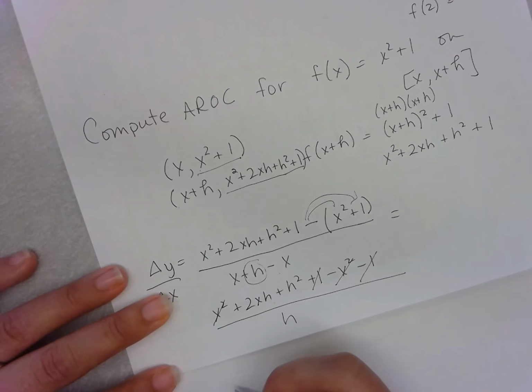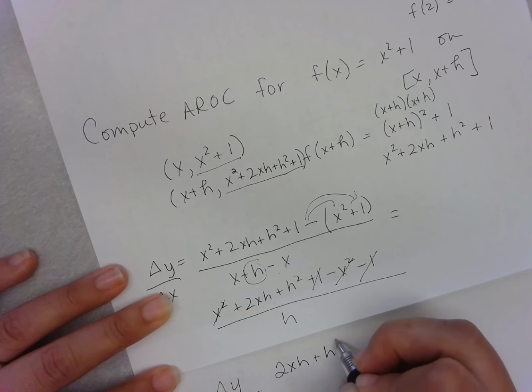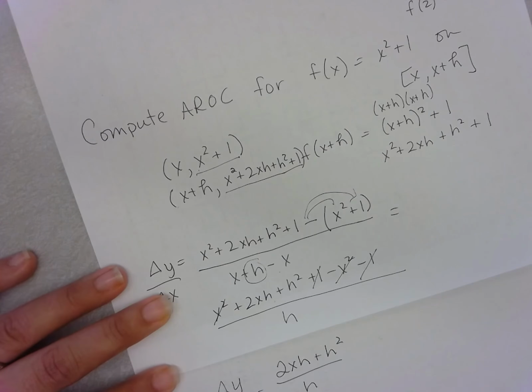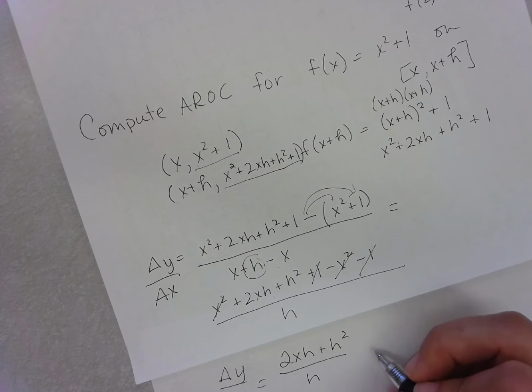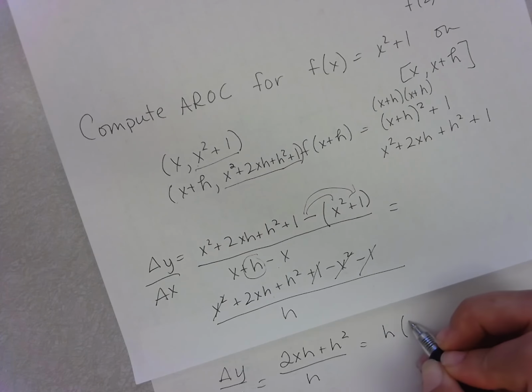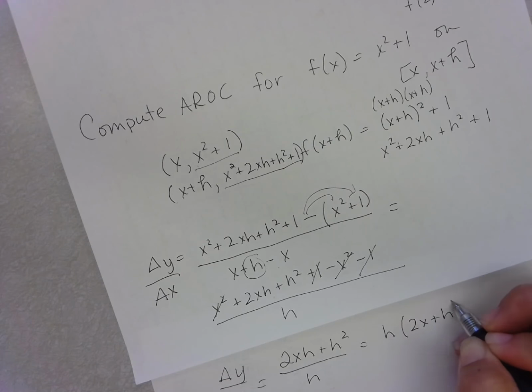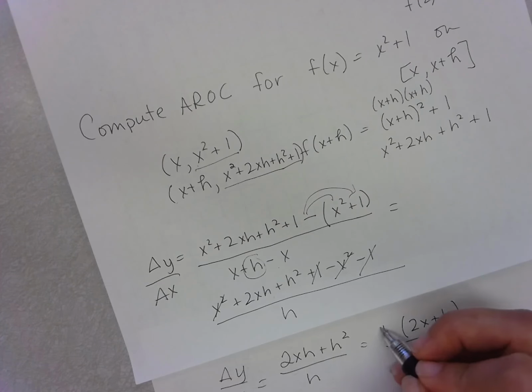So now I'm left with my change in y over my change in x is 2xh plus h squared over h. Now we can leave it like this, or we can notice that there's h's up here and an h down here. So if I factor out the h at the top, I get h times (2x plus h) over h, and now these can cancel.